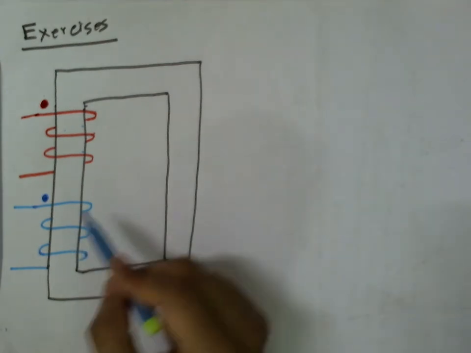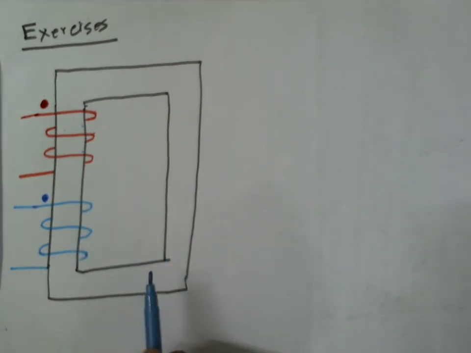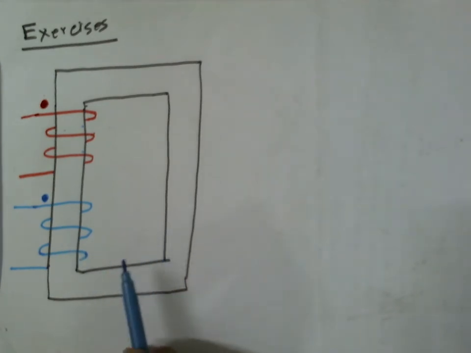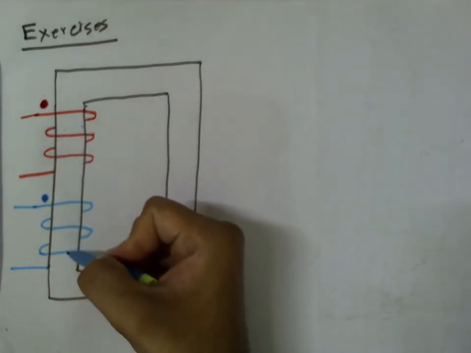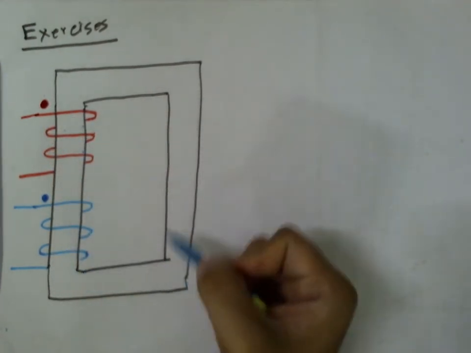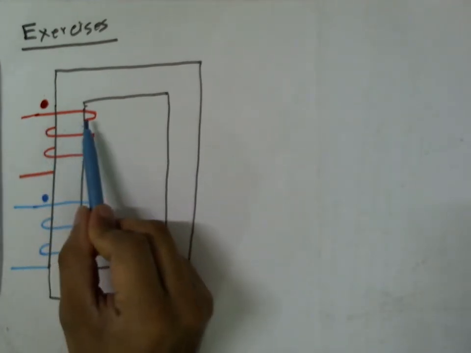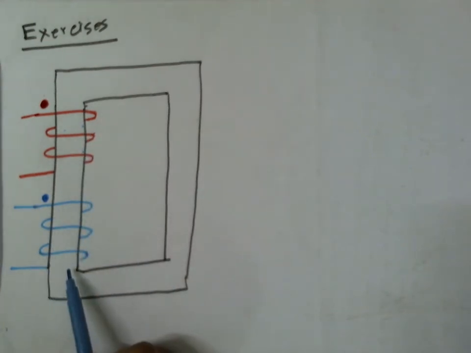Why? You can proceed using Lenz's law as we have done in the previous case, but in this case it's even simpler because we see that the two coils are on the same limb of this core, and the sense of winding is also identical for both coils.